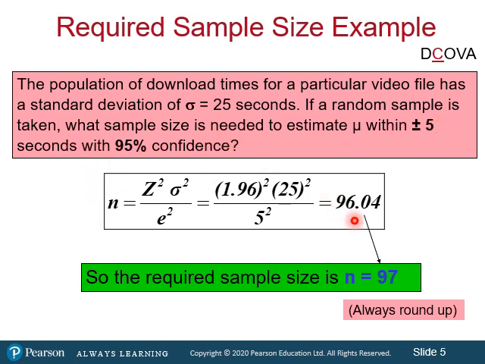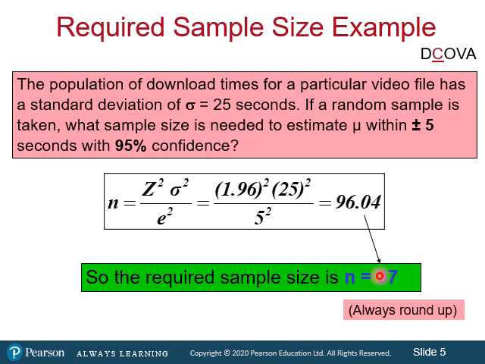So we will use this formula, n equals z squared sigma squared divided by E squared. So your z for 95% confidence is 1.96. Sigma is 25. Error is plus minus 5, right? 5 to the power 2. So you get a number 96.04.